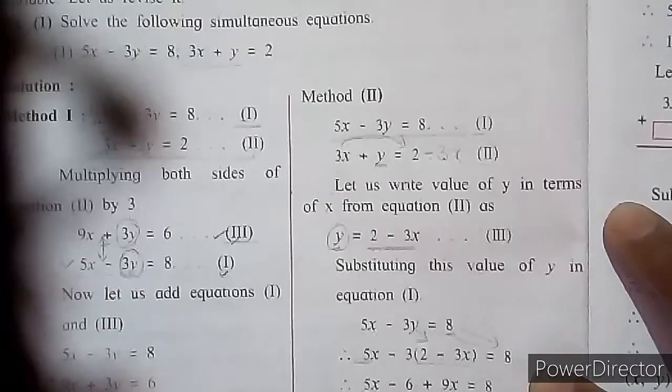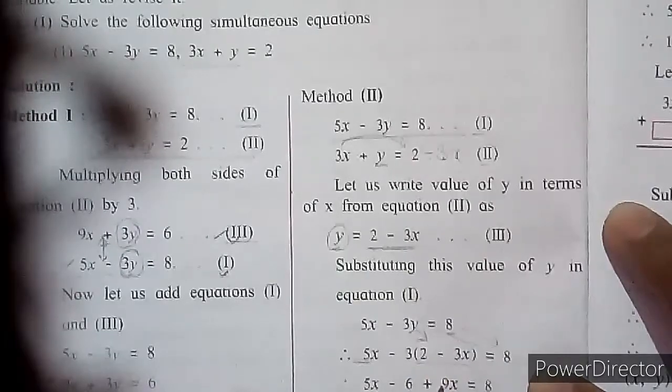Now 5x as it is, minus 3 into 2 becomes 6, minus into minus becomes plus. Now 3 into 3x will be 9x equals to 8.